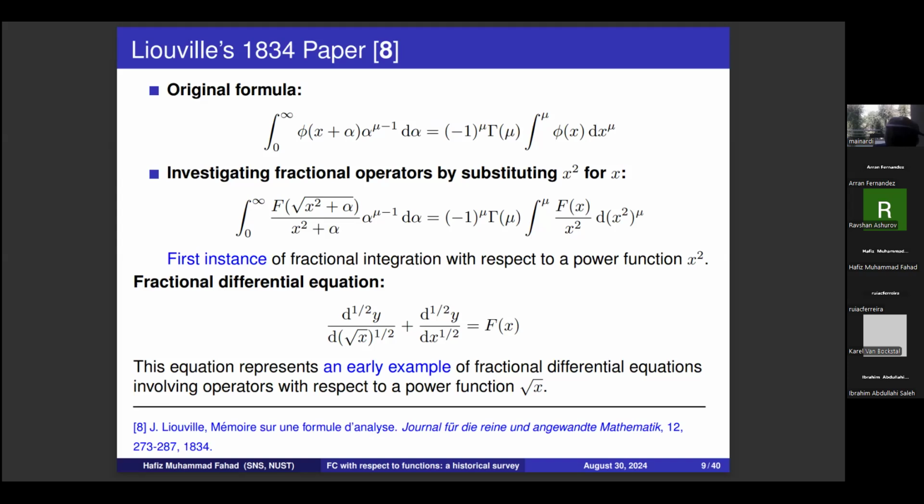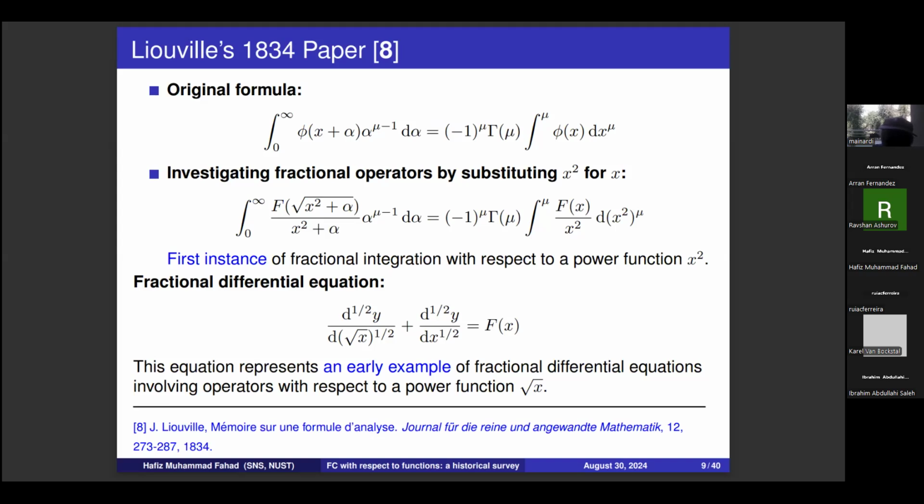Continuing with Liouville's work, his 1834 paper made significant strides in fractional calculus. He introduced a new approach to fractional integration by considering the substitution x squared for x. So this was one of the first instances of applying fractional calculus with respect to a power function.